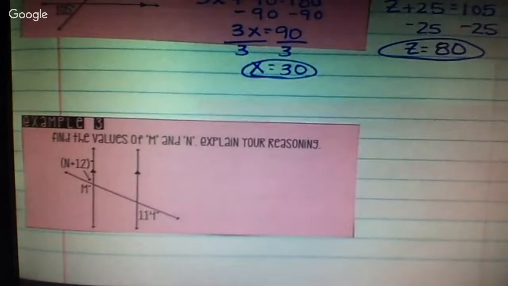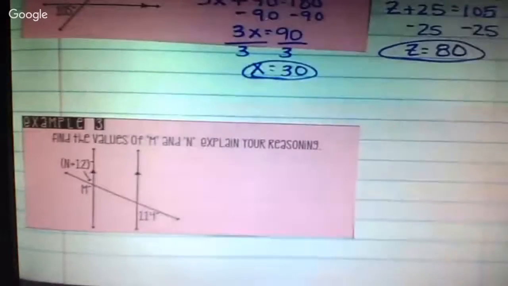Last one at the bottom. Find the values of m and n and explain your reasoning. I've heard several people just say m plus 114 equals 180. So what are m and 114?